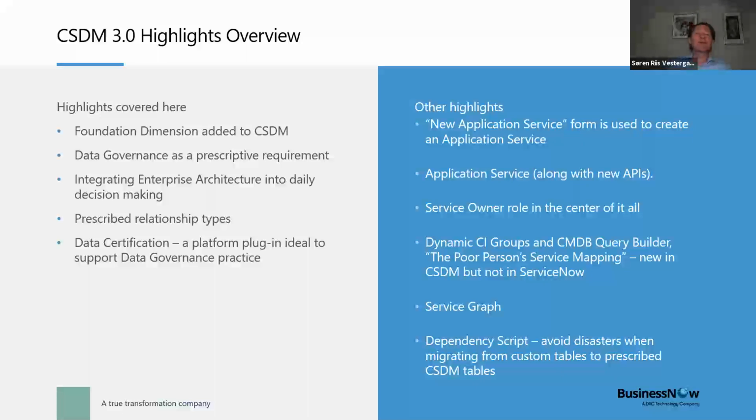Then we will use some time presenting data governance as more and more of a prescriptive requirement. And this is very much BusinessNow's interpretation of the model.